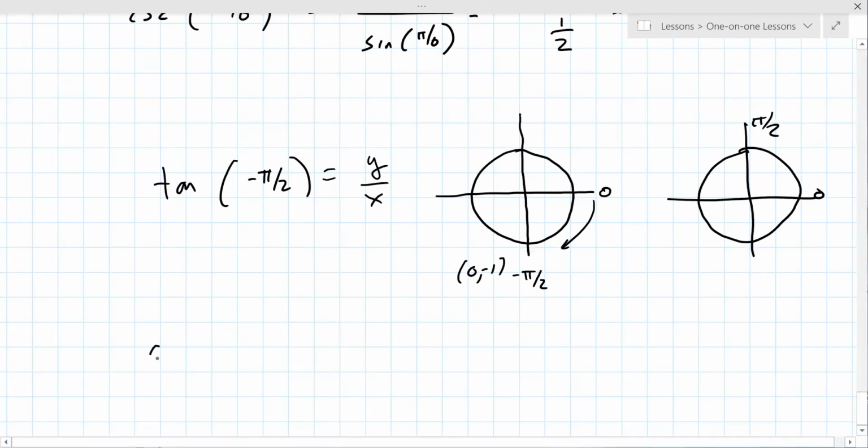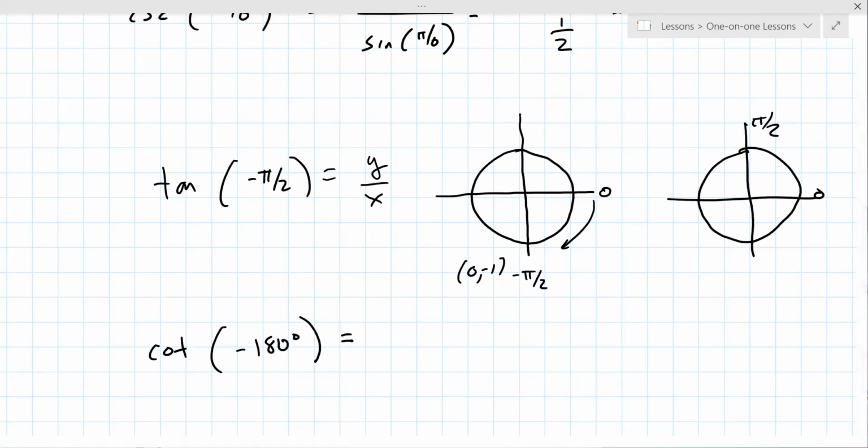Okay. So then I could say, well, what's the cotangent of minus 180 degrees? Cotangent is cosine over sine, or 1 over tangent. So it's x over y.